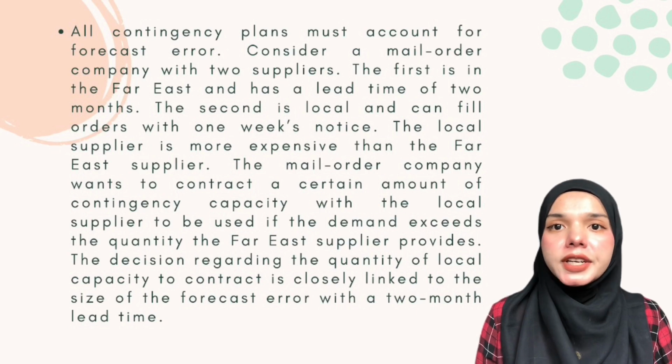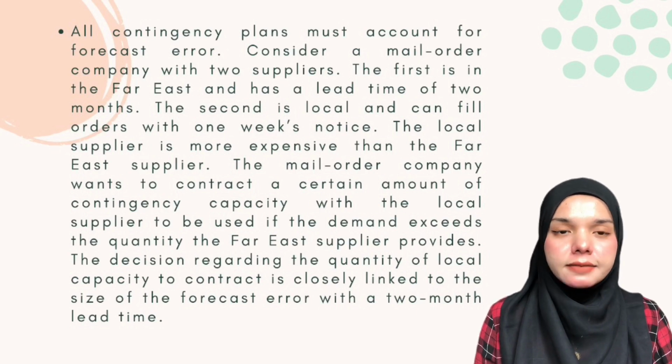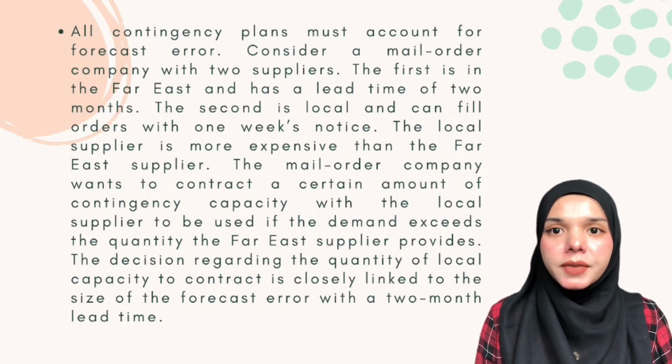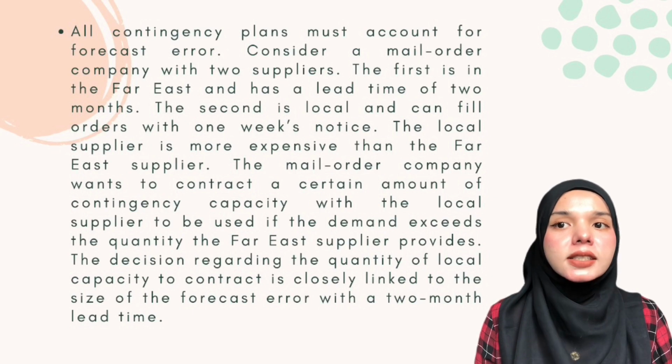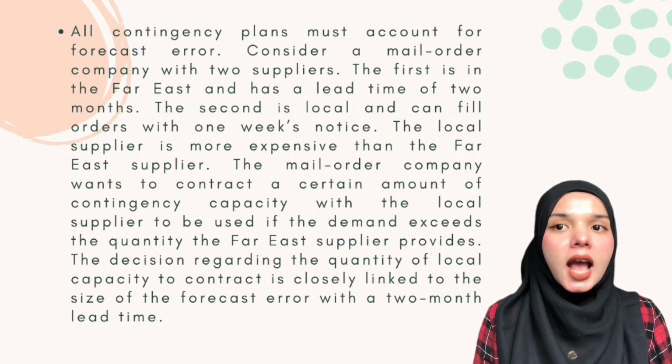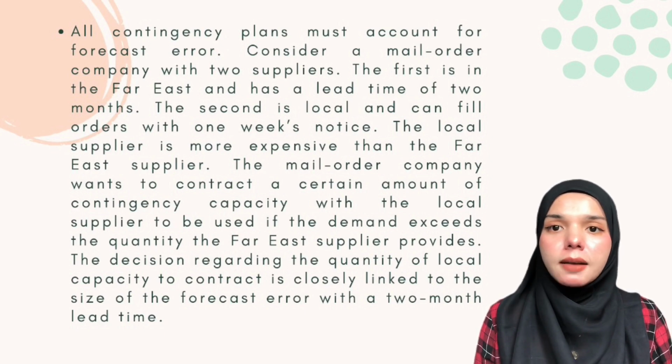Consider a mail order company with two suppliers. The first is in the Far East and has a lead time of 2 months. The second is local and can fill orders with 1 week's notice. The local supplier is more expensive than the Far East supplier.